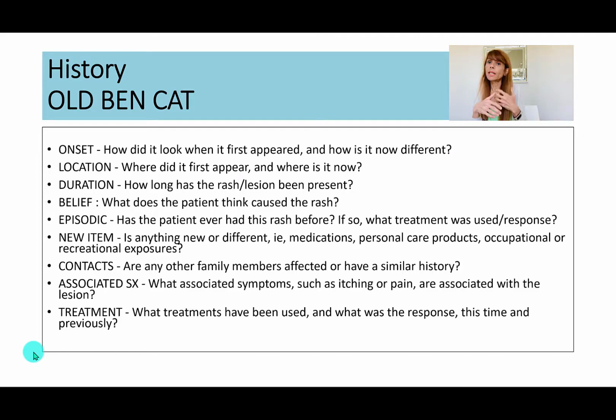Contacts: do household members also have a similar problem. Associated diagnosis or symptoms, for example fever, malaise, or other things that suggest certain medical conditions. And treatment: has the patient used any medication or any treatment for this particular lesion. So that is the mnemonic OLD PEN CAT.